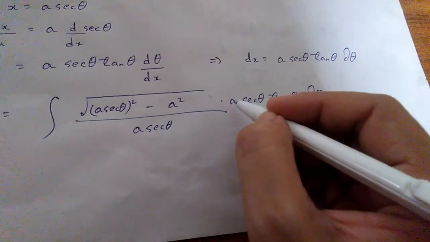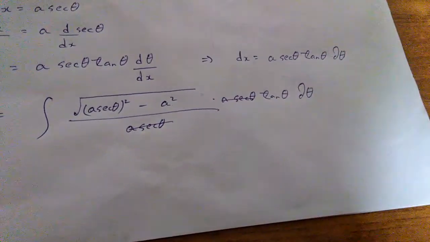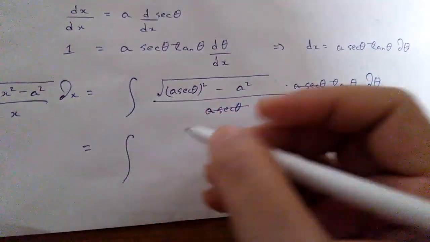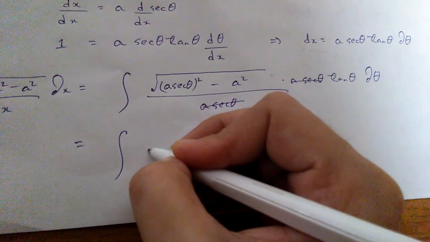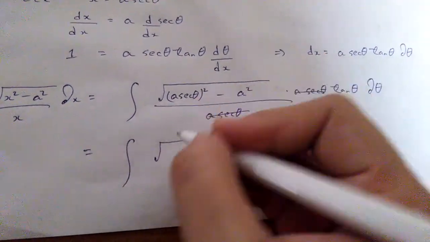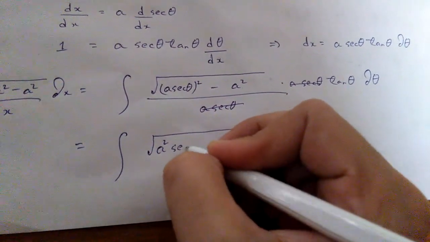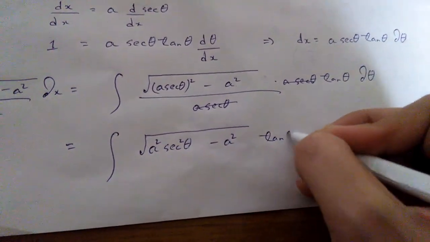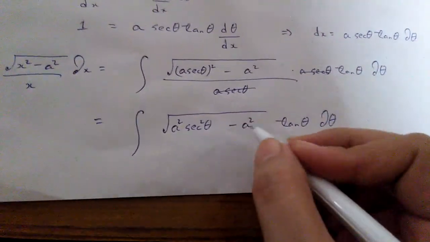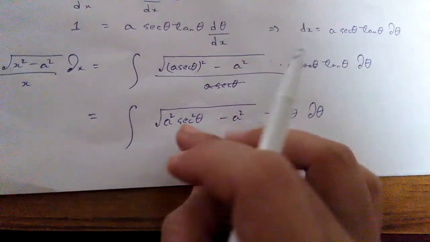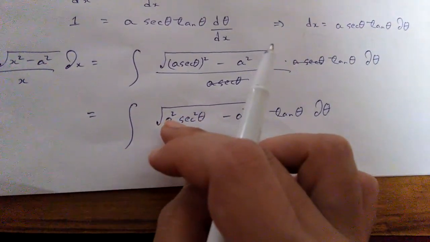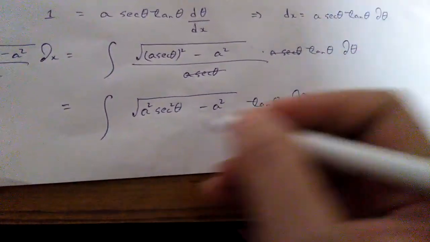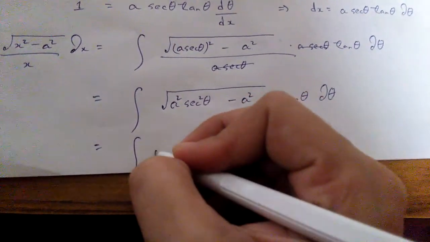You can see here that a sec theta and a sec theta get cancelled. What is left here is a squared sec squared theta minus a squared tan theta d theta. Now inside the radical, in the radicand, you have a squared common in both terms. You just take it out.